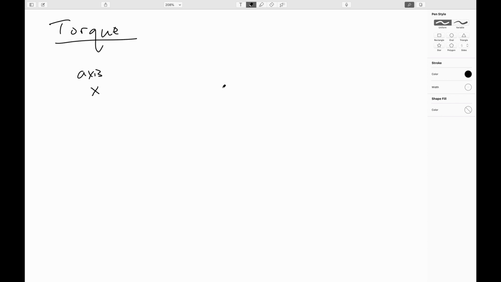Now over here, at this point right here, we'll call this the point of application of the force. So this is taking care of the where, because where it matters is in relation to the axis. So we have our axis and we have labeled where we're applying the force.